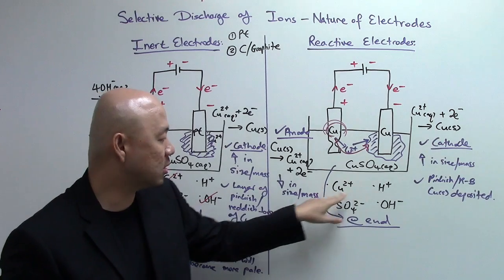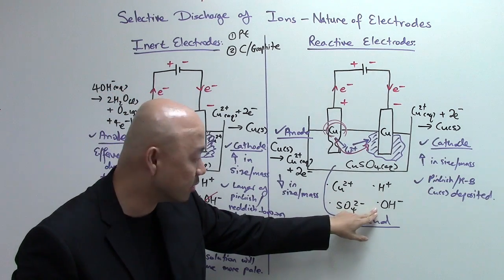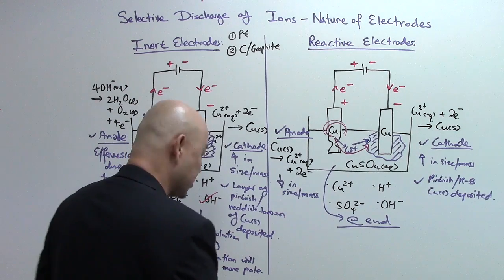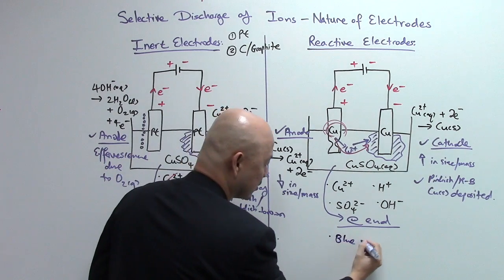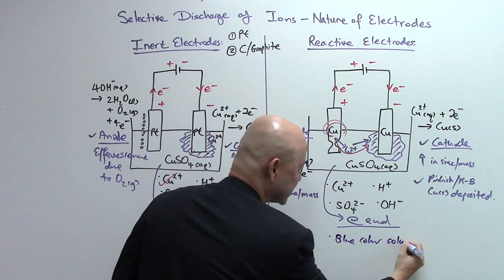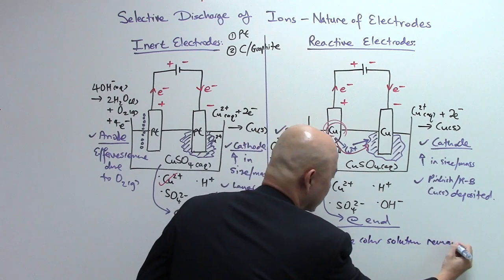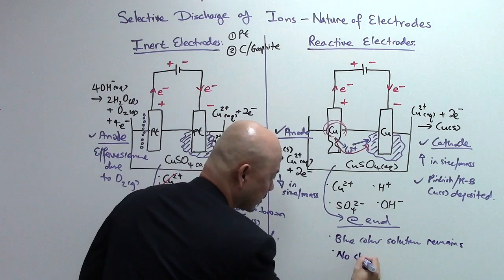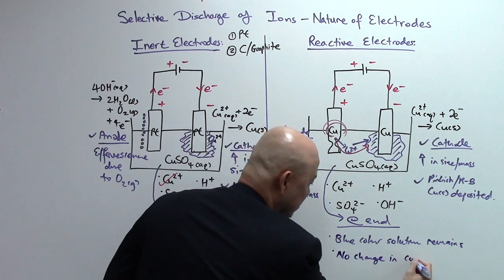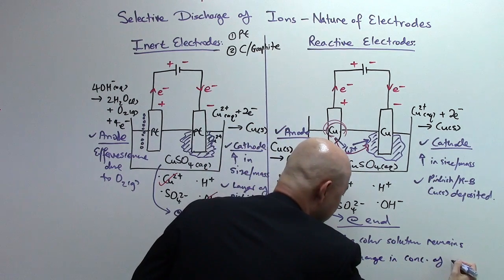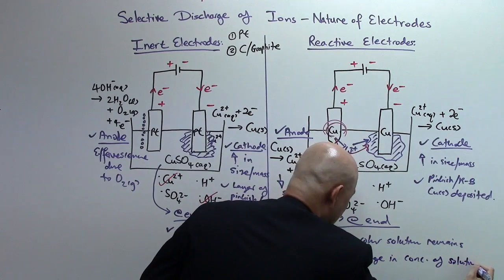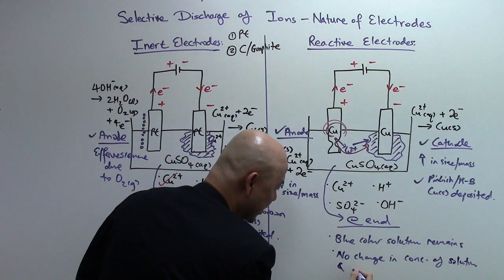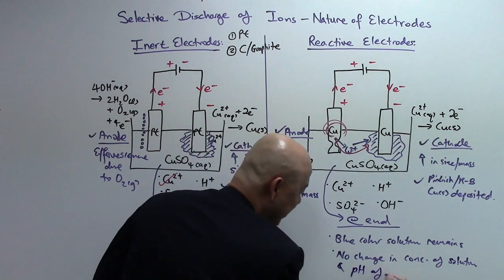So what happens to all the electrolyte ions, or the ions in the electrolyte? Nothing happened at all. So the blue color solution remains, and there's no change in the concentration of the solution, as well as the pH of the electrolyte.